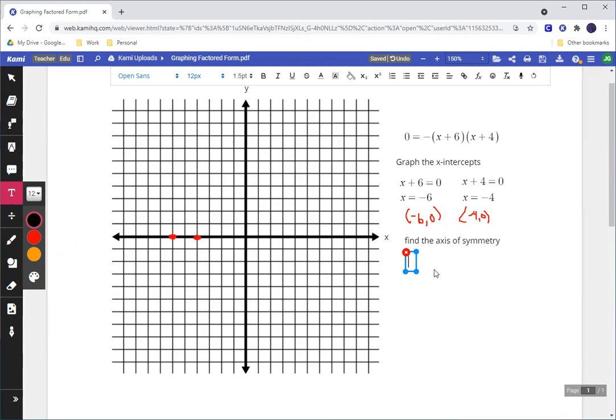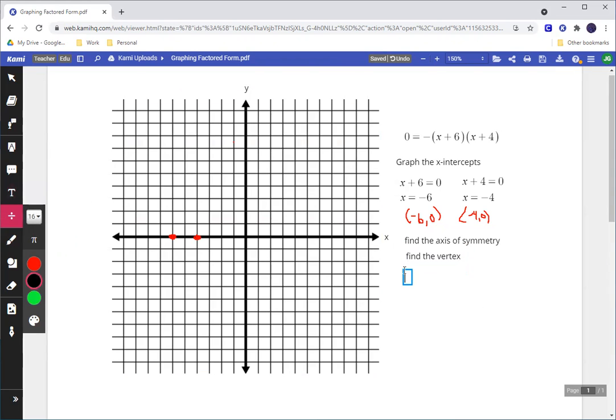Since we know the axis of symmetry equals -5, we can then use that to find the vertex, which is also in the center. To do that, we're going to substitute in -5 into the equation. Let's revert it back to y, since we are no longer trying to find our x-intercepts.